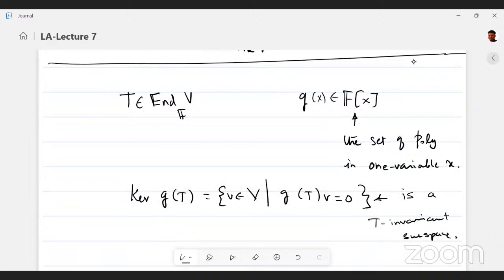I'm not saying anything about whether this subspace is non-zero or not, I'm just saying it is a T-invariant subspace. So I am able to get lots of T-invariant subspaces.